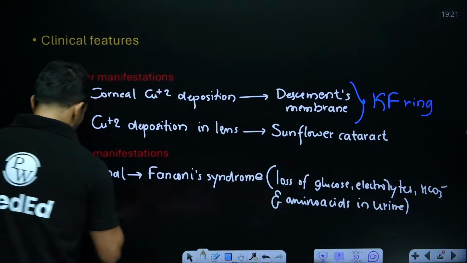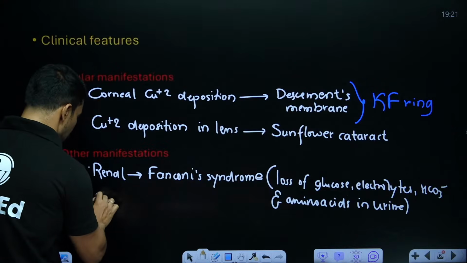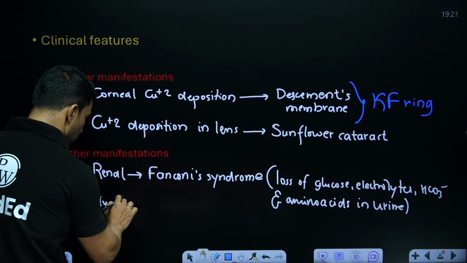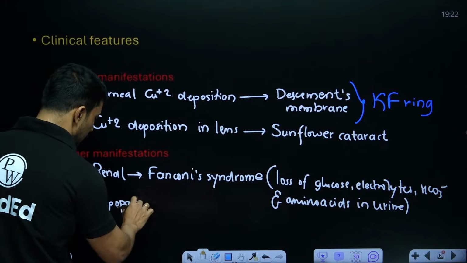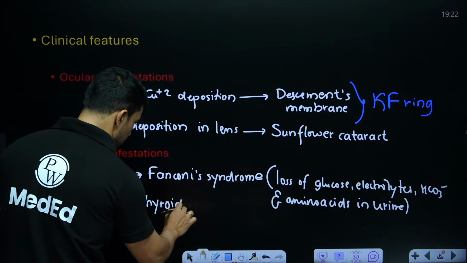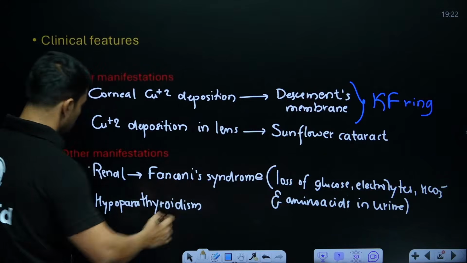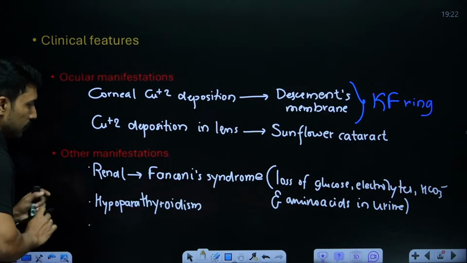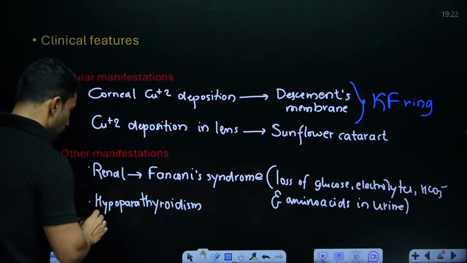Second, it can also affect the endocrine system. It can cause hypoparathyroidism. The parathyroid gland activity gets affected by high copper, so it can cause hypoparathyroidism.